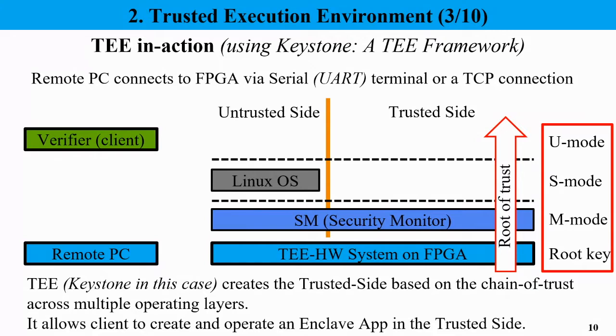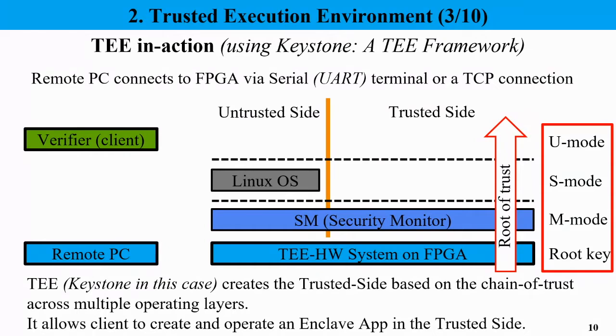In this slide, I was explaining how Keystone builds a trusted execution environment using a chain of trust. It starts with the root key that is stored in the silicon itself, so it is trusted from the silicon.